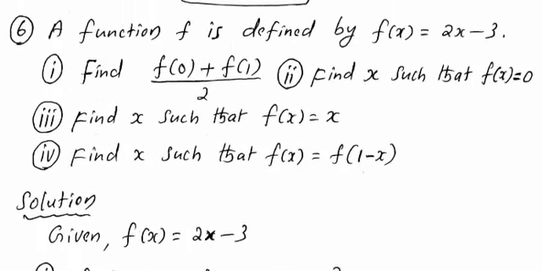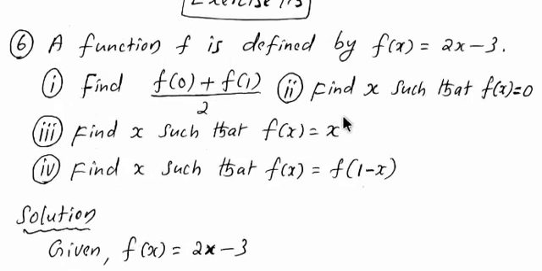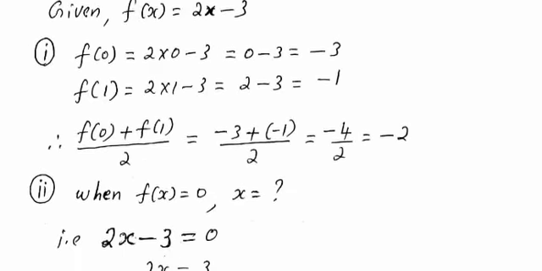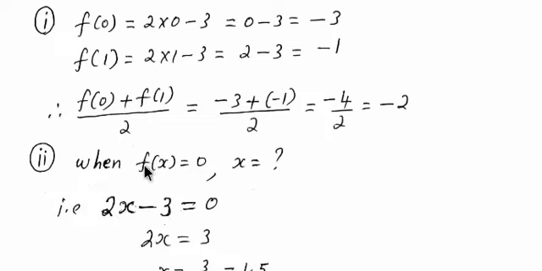Then the second one. What is the second question? Find x such that f of x is equal to 0. An equation is given. That equation should be taken here. In the second one, when f of x is equal to 0, then what's the value of x? Here, this equation is given.